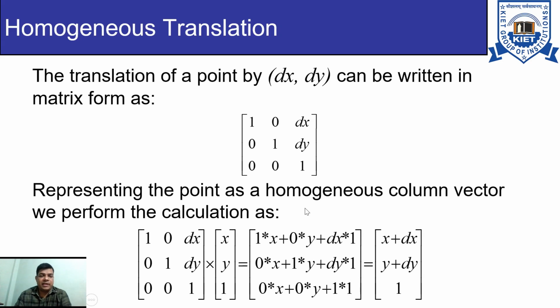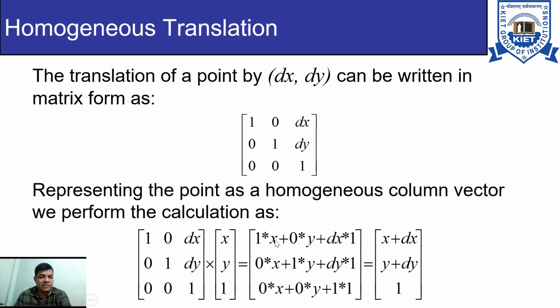In translation we are changing the position of an object, and the translation vectors are dx and dy. This transformation can be represented in homogeneous matrix form as 1 0 dx, 0 1 dy and 0 0 1.